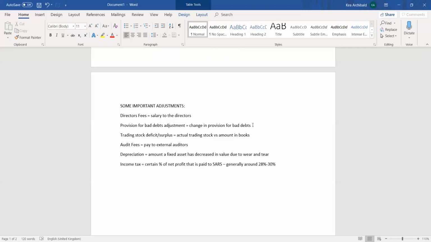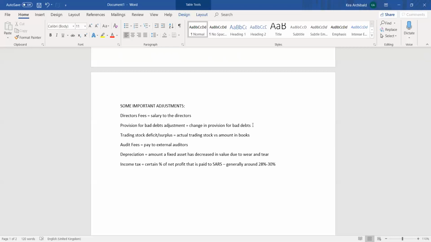If last year's figure increased to this year's figure, then it would be an expense. Your provision for bad debts adjustment would go into operating expenses because we are expecting more bad debts. We are preparing for more outflows. Therefore, we would have an expense as our provision for bad debts adjustment.